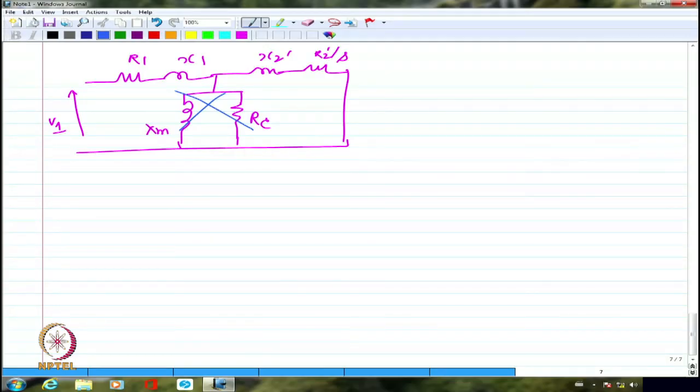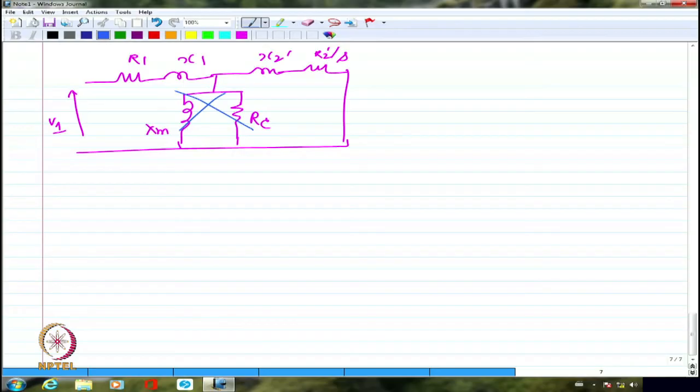The current drawn under no load condition of an induction motor, which is drawn by XM and RC, is not going to be really small as in a transformer. Because a transformer requires very minimum magnetizing current, very high permeability, very small reluctance. That's the reason why the magnetizing current of the transformer is less than 5%, less than 2% in most cases.